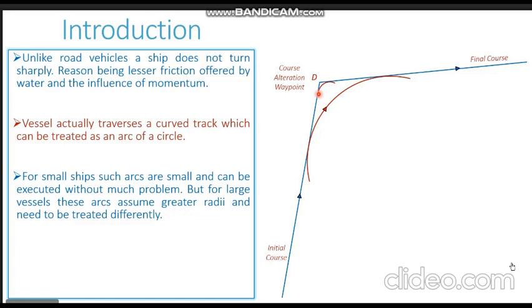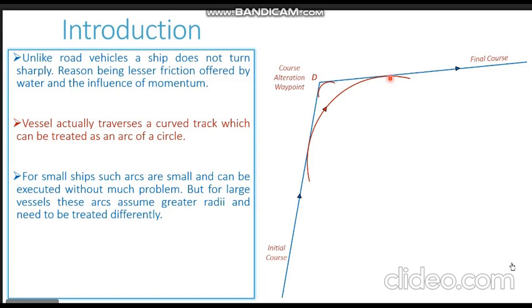Now, for a large ship having a larger turning radius or a larger turning circle, the track on which the ship will be moving will be this one. So for larger ships, these arcs on which the ship moves when it is altering its course assume greater radii and they need to be treated differently.